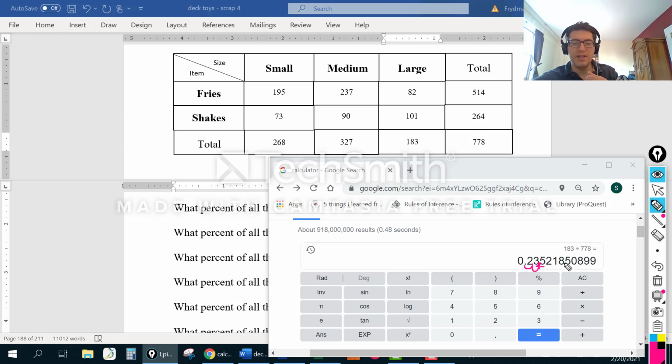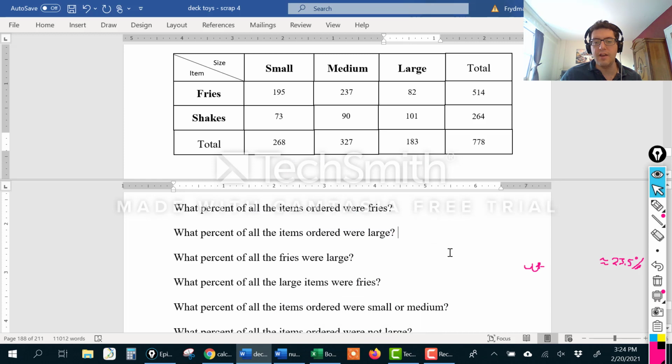So rounded to the nearest tenth of a percent, that would be 23.5%. When you're rounding to the nearest tenth, hundredth, or thousandth of a percent, move the decimal point 2 spaces to the right first, and then round. So we get 23.5%.